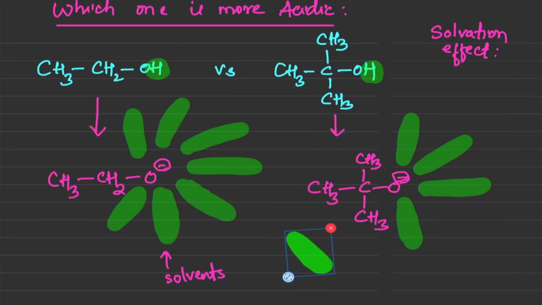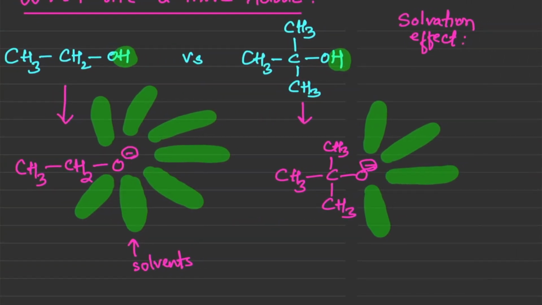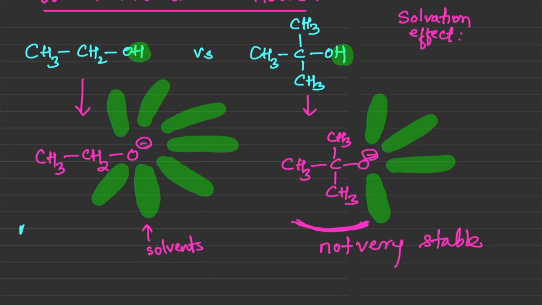So this tells us that the negative charge on this oxygen is not very well stabilized by the solvent molecules. As a result, the structure on the right, the tertiary butoxide ion, is not very stable. And the structure on the left is more stable. Why more stable?